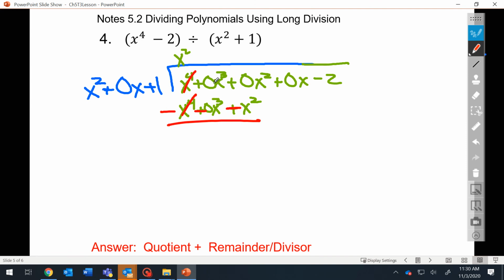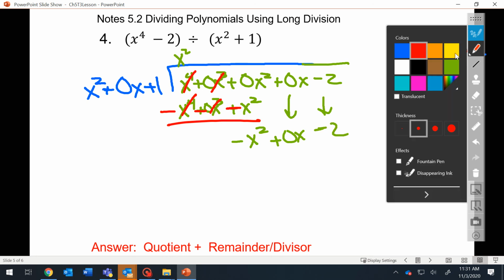These cancel, this is nothing, and I get 0, so that's minus x squared, and then I'll bring down the 0x, and I'm actually going to have to bring down the minus 2 as well. And you'll see why in just a second.